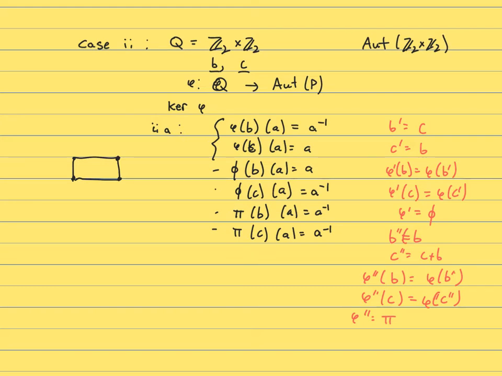From these three, there's still a fourth homomorphism, which is the trivial one, where all the elements fix A. That's going to result in the direct product.